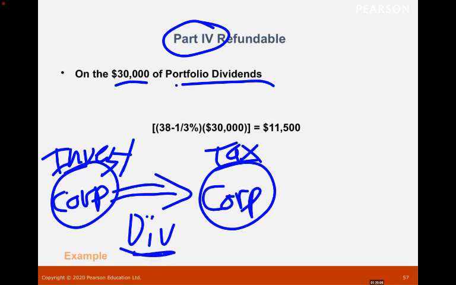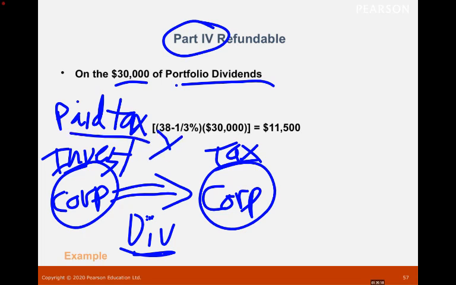So because these guys already paid tax, right? They already paid tax. So there's no more tax here.